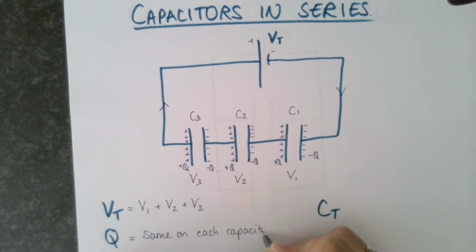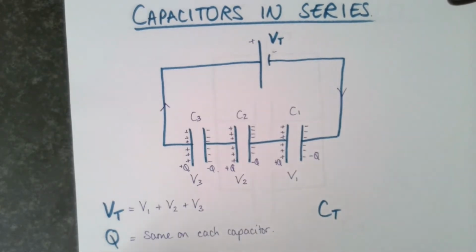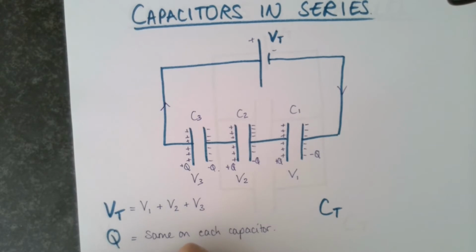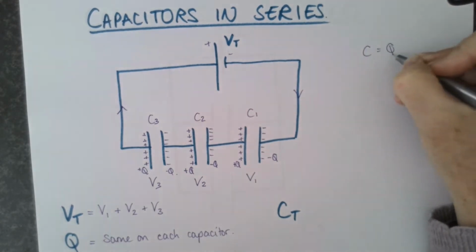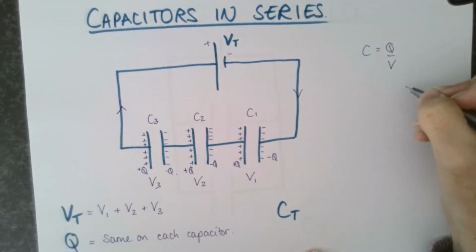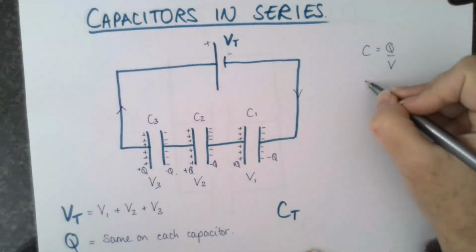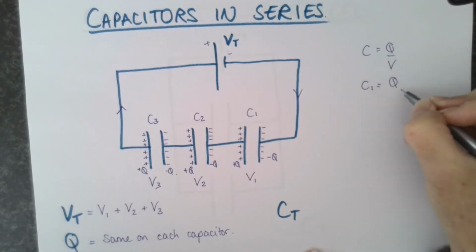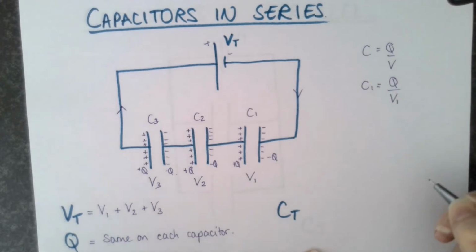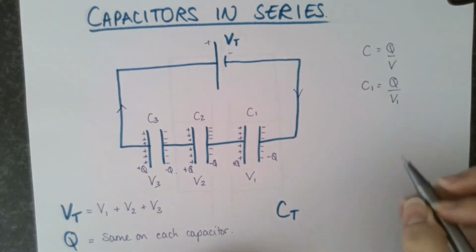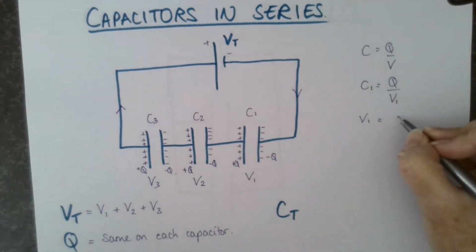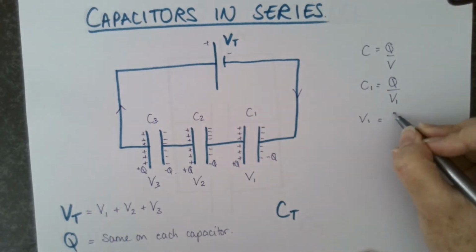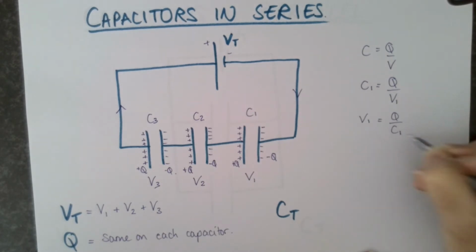And that leads to a situation, if we look at the equation for capacitance, C is Q over V, then C1 is Q over V1. All right, and what you find, if we rearrange that, V1 is Q over C1.